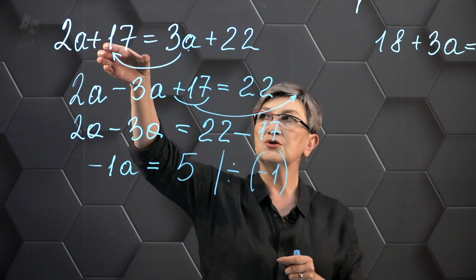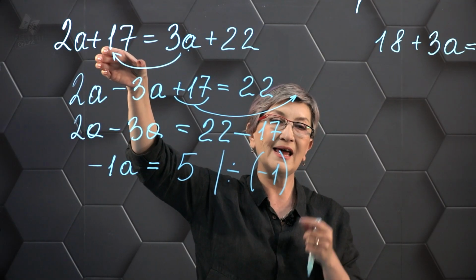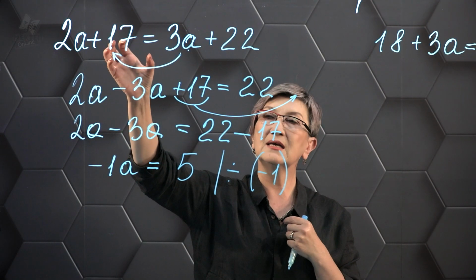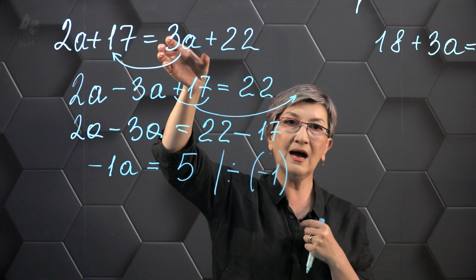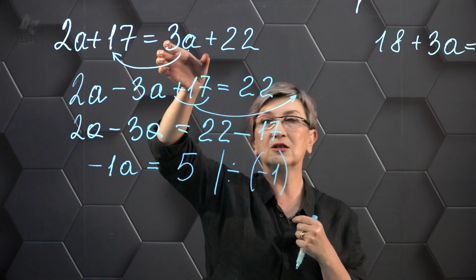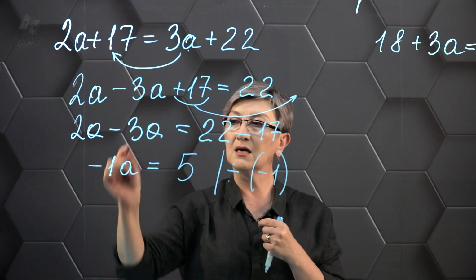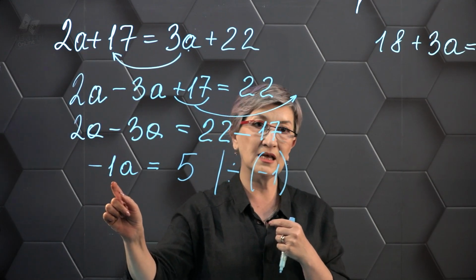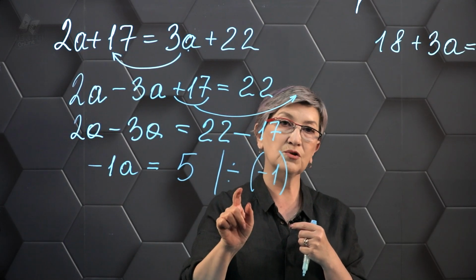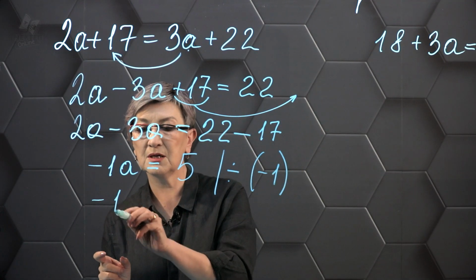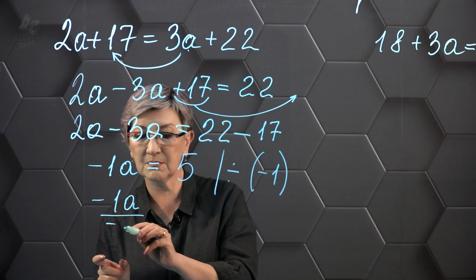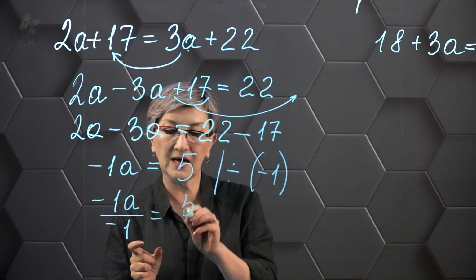Once again, the number +17 is a summand. I can carry it to the right side. 3a is also a summand. I can carry it over too. But -1 is a quotient, so I am going to divide by -1. Now -1a divided by -1 equals 5 divided by -1.